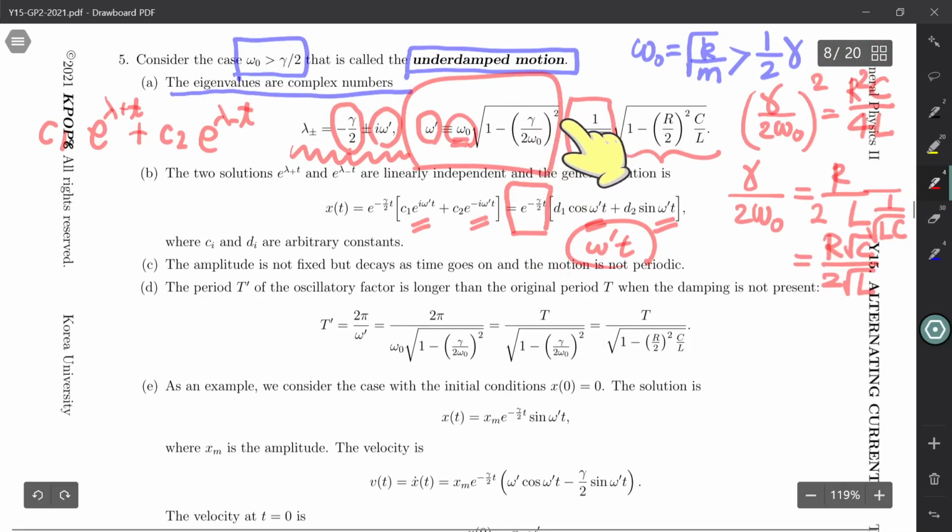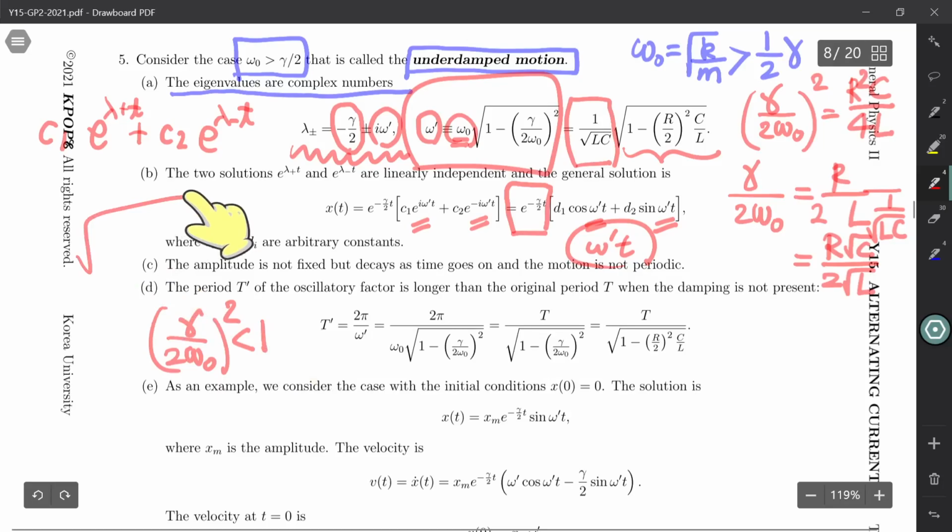We notice that gamma over 2 omega 0 squared is less than 1. Therefore, the square root of 1 minus gamma over 2 omega 0 squared is between 0 and 1.